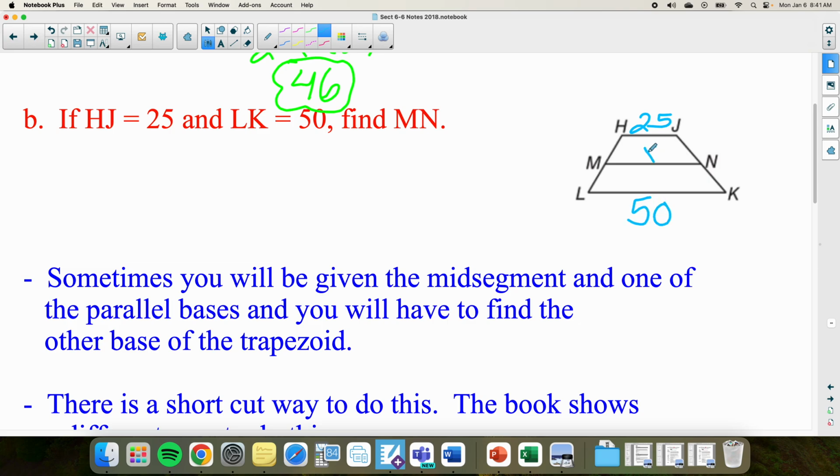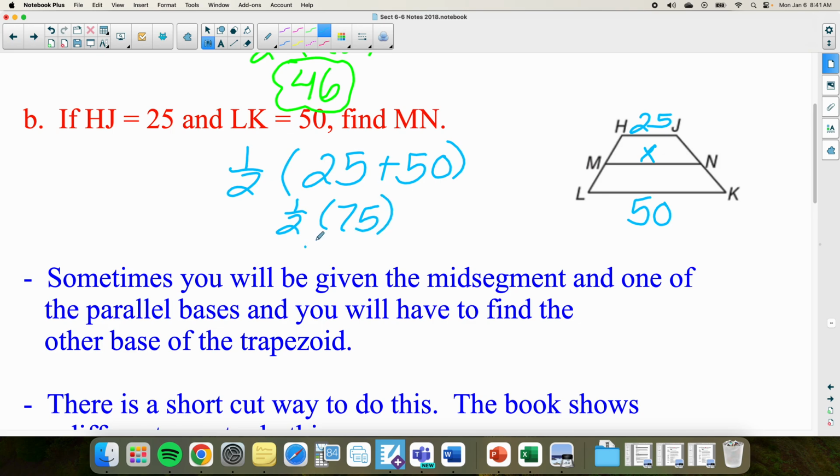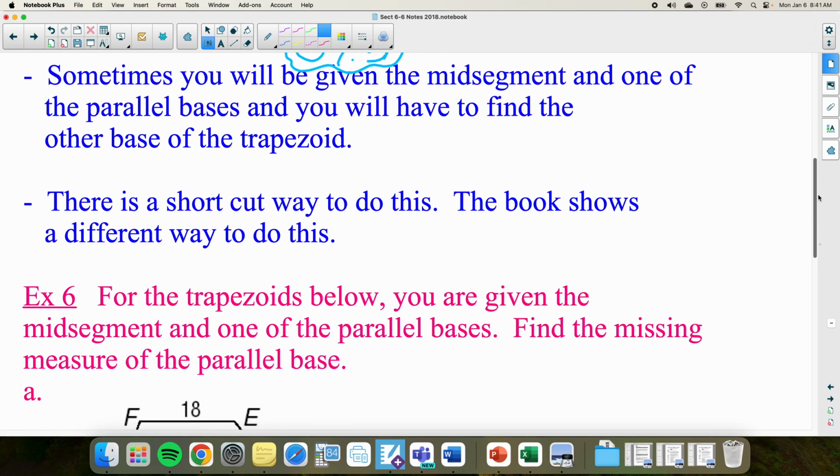This would be another thing you don't have to show your work on, but this would be 1/2 of 25 plus 50, which is 1/2 of 75, which is 37.5. Okay. So those are pretty easy. You just add the top and bottom together and multiply by 1/2.